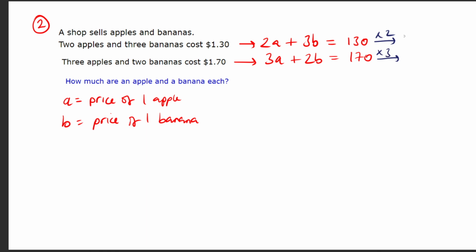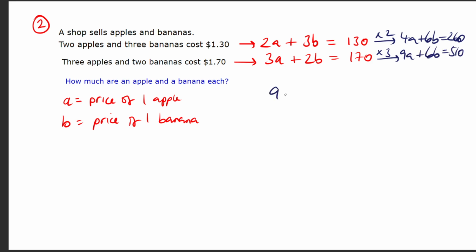Because then the top one will be 4 apples and 6 bananas costs 260. And times the bottom one by 3, 9 apples plus 6 bananas is 510.